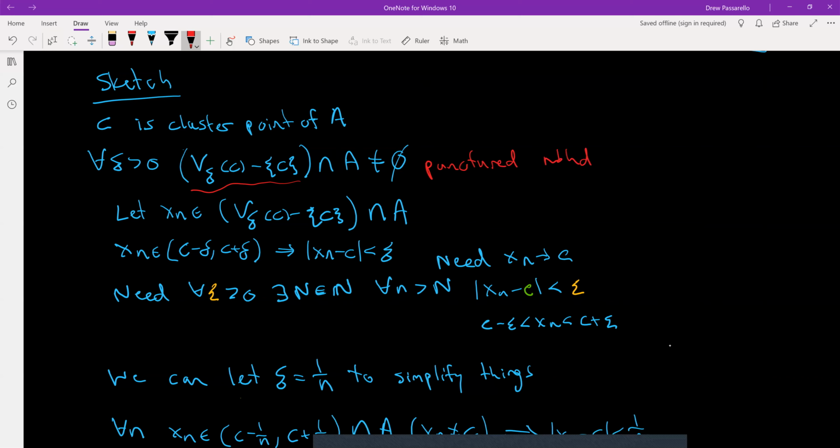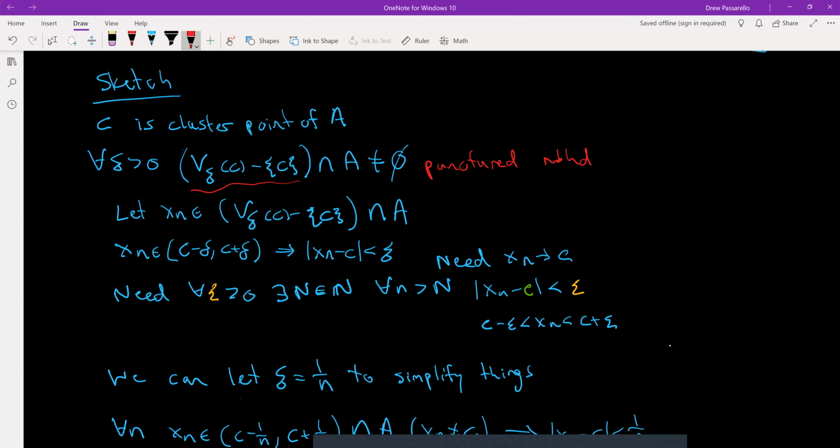As long as it intersects A, so it's non-empty, then C is a cluster point, and that applies for all delta. Okay, so that's what we assume. So let the xn be a part of this intersection, since we know it's non-empty.